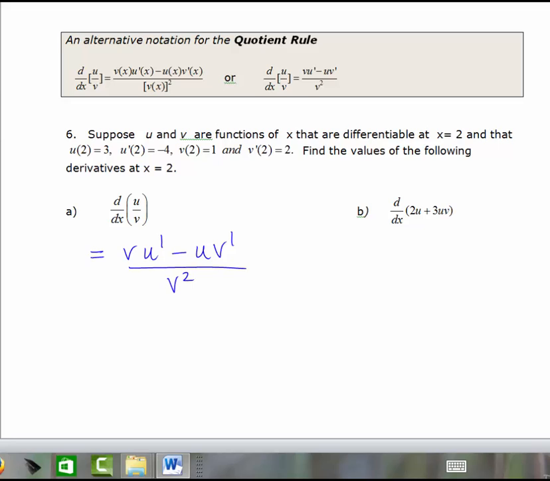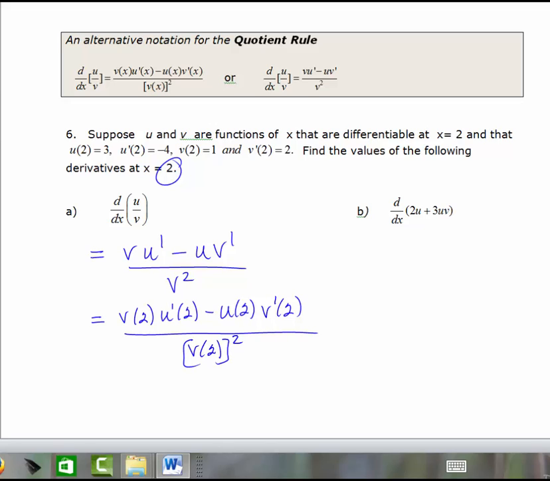Since these are functions of x, you can stress that by using v of x, or in this case v of 2. So we're going to rewrite this as v of 2 times u prime of 2 minus u of 2 times v prime of 2, all over v of 2 squared. This is function notation, not multiplying v by 2.